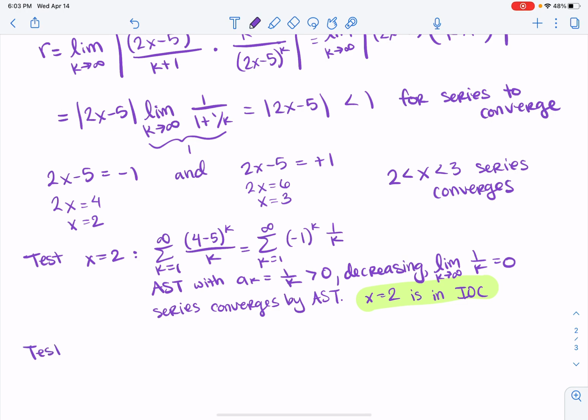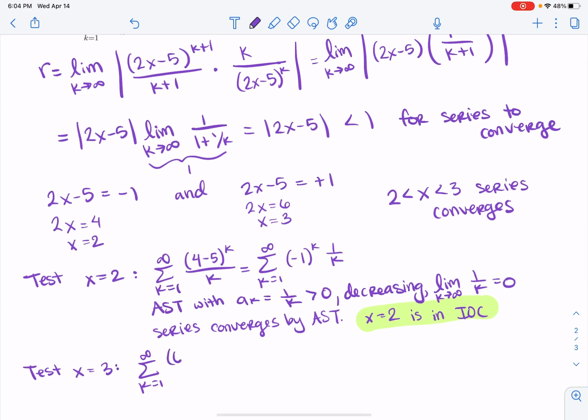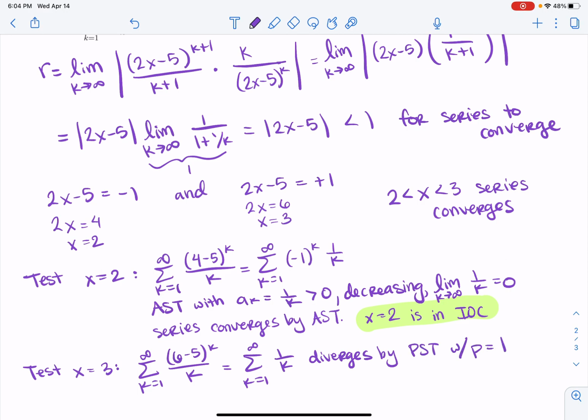Now I'm going to test x equals 3. I have my sum from k equals 1 to infinity of (2 times 3, so 6, minus 5) to the k divided by k. That's equal to the sum from k equals 1 to infinity of 1 to the k, which is just 1, so I'm just left with 1 over k. And we know that this series diverges by the p-series test with p equals 1, which is not greater than 1.